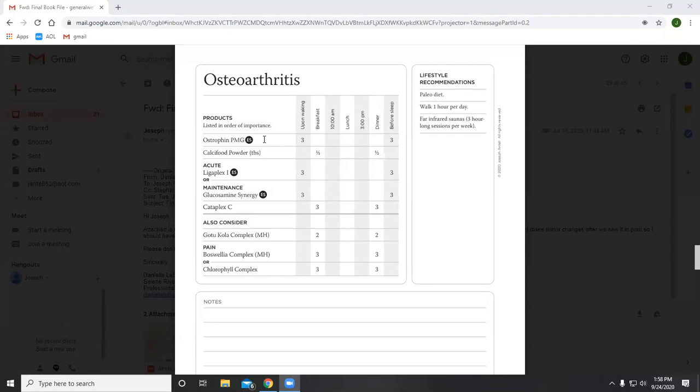Aggrecan, the most abundant proteoglycan in cartilage, is a complex macromolecule consisting of a multi-domain central protein backbone decorated with numerous chondroitin sulfate and keratan sulfate.